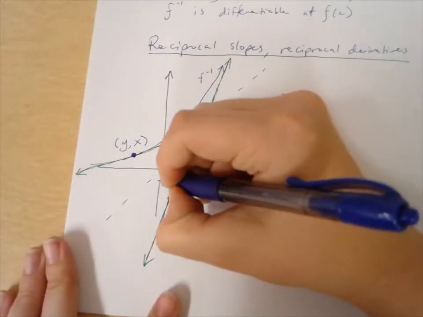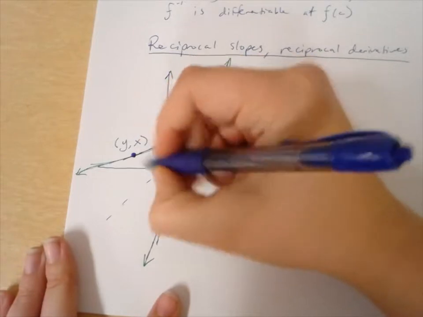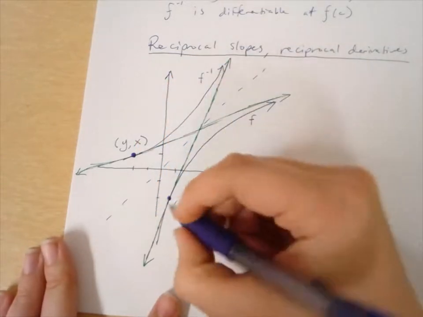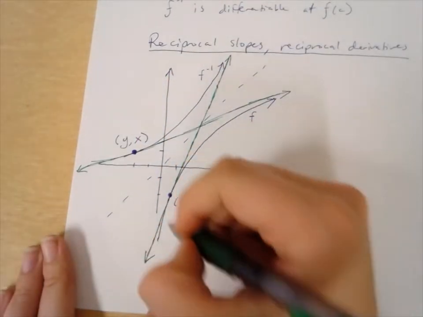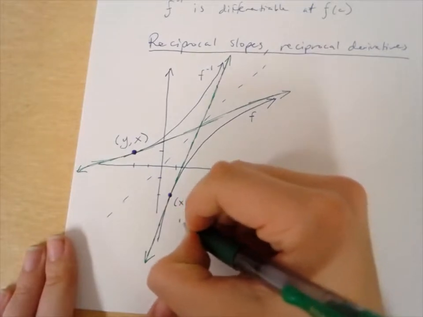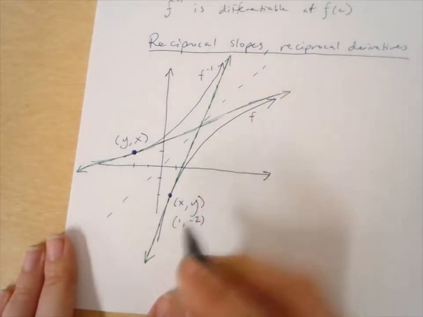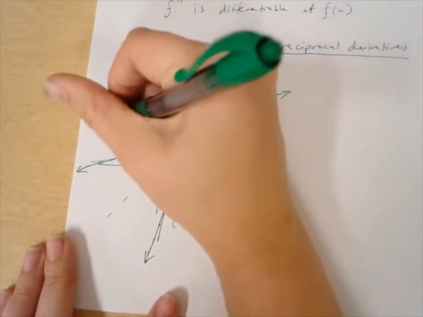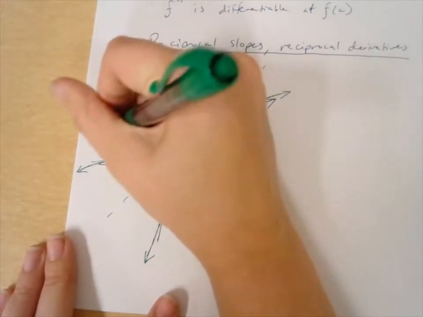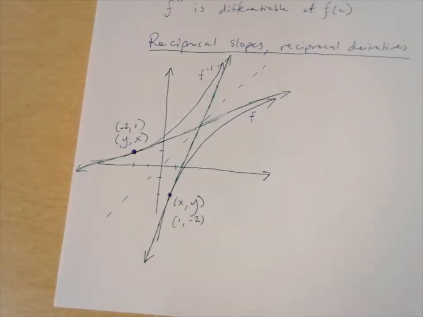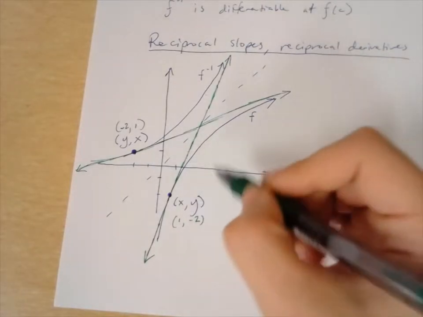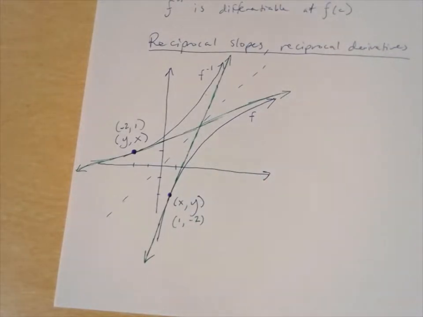I feel like that's confusing to just throw at you, so let's throw some numbers in here. We'll call this one officially 1, -2, and since that's a point, that means that -2, 1 is a point on this graph. Okay, now that we have some numbers, I feel like that makes a little bit more sense. What we're going to talk about now is the idea that since they have reciprocal slopes, they have reciprocal derivatives.